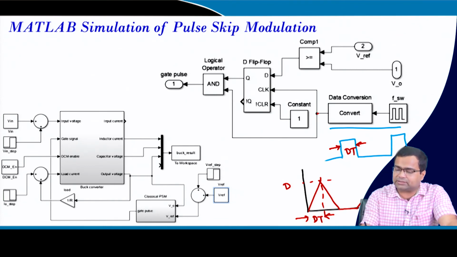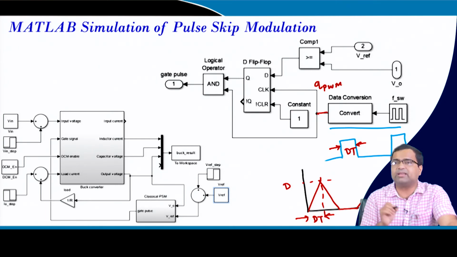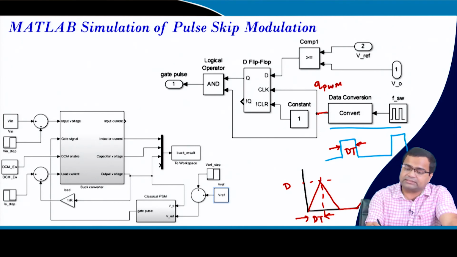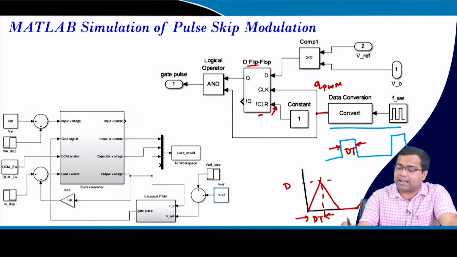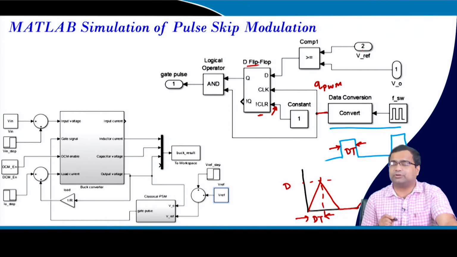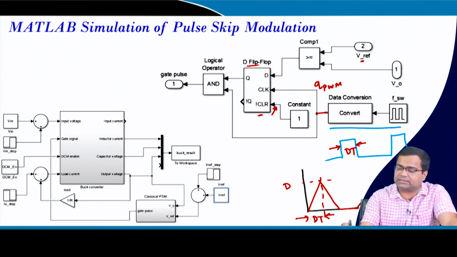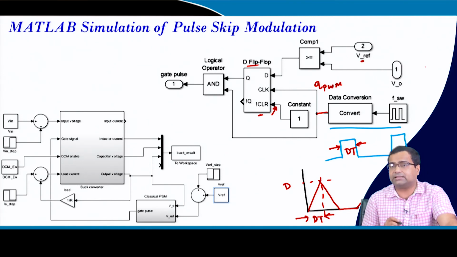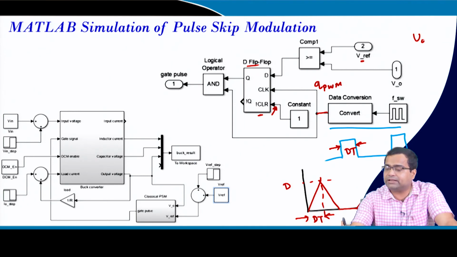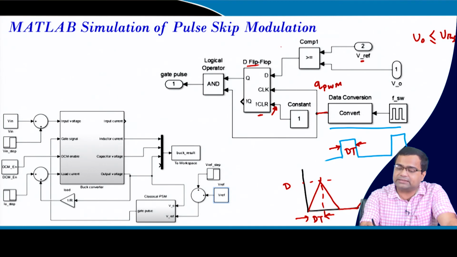This is my PWM clock, this is my Q PWM coming from the PWM logic. Then this is my D flip flop, and this is the activating signal. Then I am comparing the output voltage with the reference voltage. If my output voltage is less than or equal to Vref, this comparator goes high.